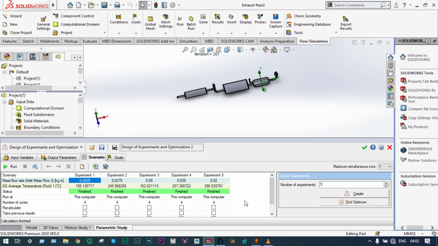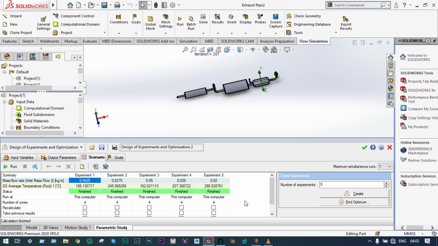When the mass flow rate is 0.05, the exit gas temperature is 162.02 degrees centigrade. At 0.035 kg per second mass flow rate, the temperature is 207.38 degrees centigrade. And finally, at 0.02 kg per second mass flow rate, the temperature is 286.528 degrees centigrade.